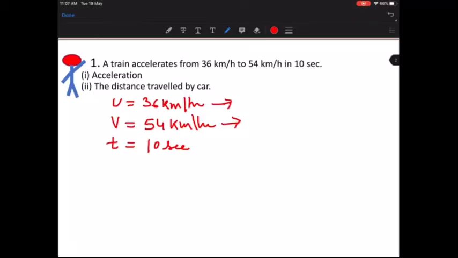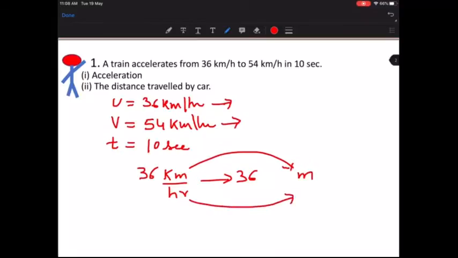For all those students who still have some doubts in conversion, let me just teach you again. Suppose you have 36 kilometers per hour. What you do is write the number as it is, 36. Now understand that you have to change kilometers into meters and hours into seconds.